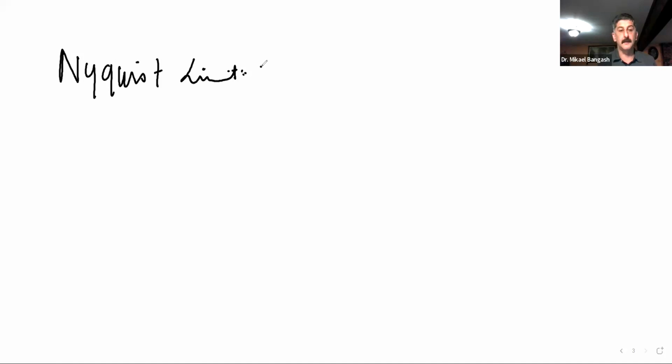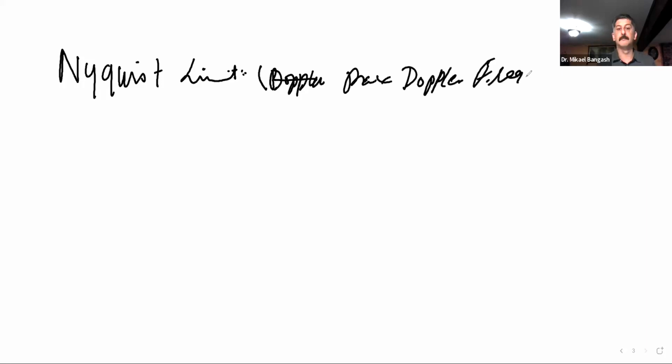Okay, ladies, this Nyquist limit here is actually the max Doppler frequency, or we can say this could also be referred to as a max Doppler shift.